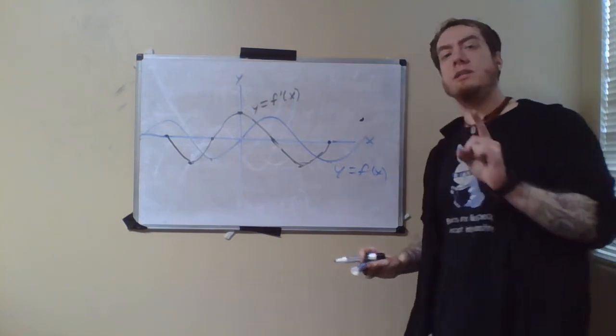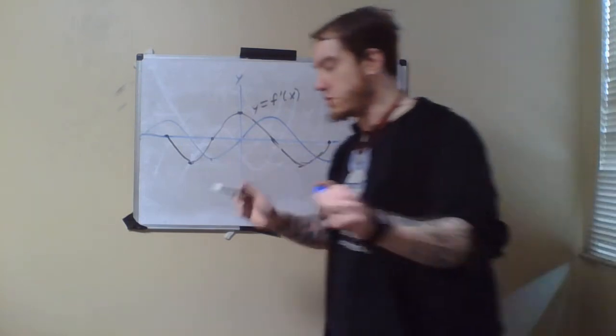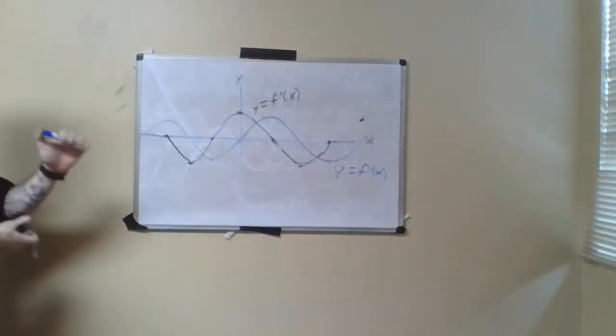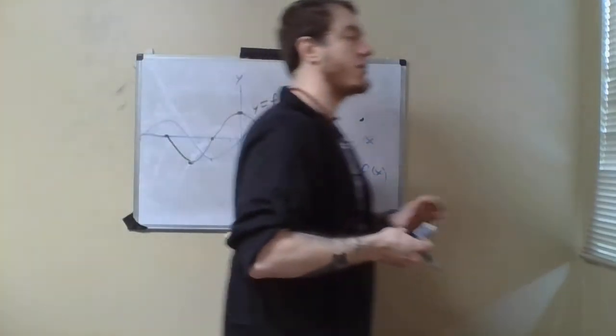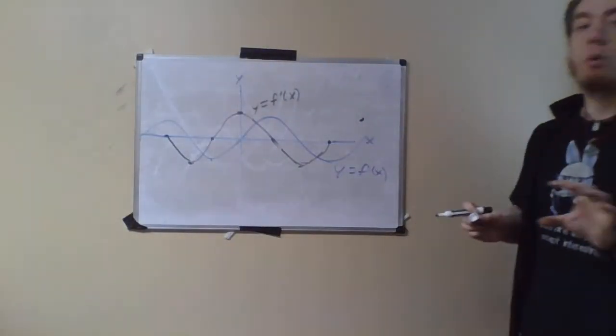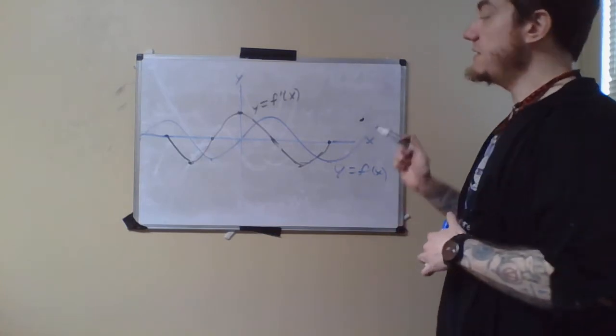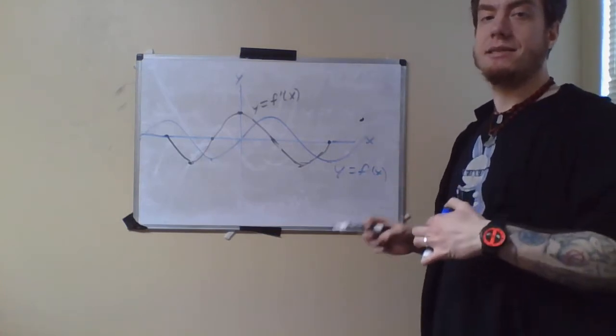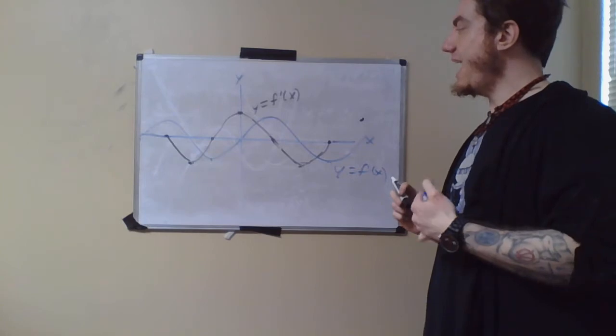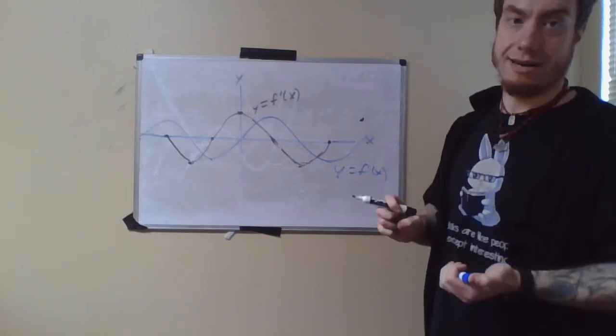This is not a coincidence. Everything I tell you here, nothing is coincidence. Literally everything we are working with, there are connections that are important going on here. In this case, what we will see is that the derivative of sine ends up being cosine.